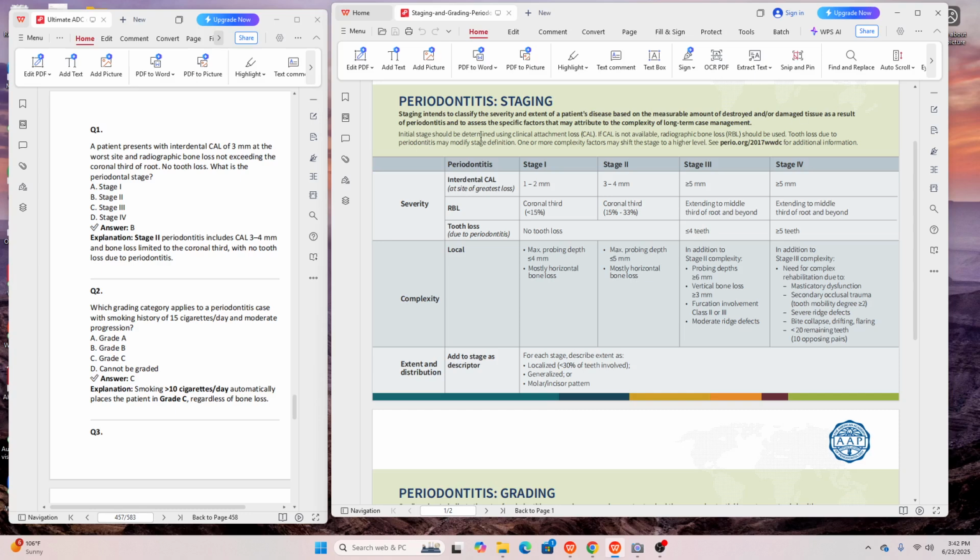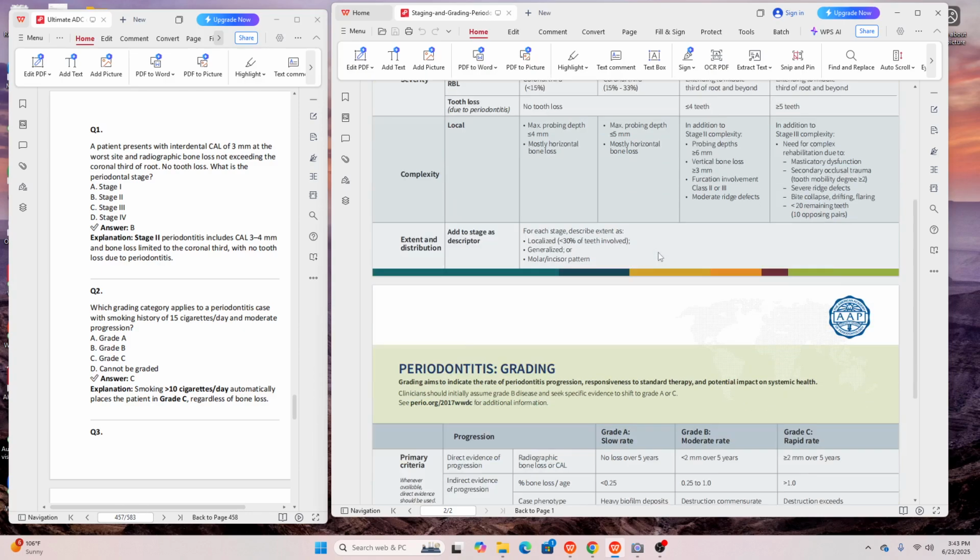The initial stage should be determined using clinical attachment loss. CAL is clinical attachment loss. If that is not available, then only radiographic bone loss should be used. So in your exam, either they'll give you the amount of CAL, or they'll tell you how much bone loss has happened. Then only you'll be able to see the stage.